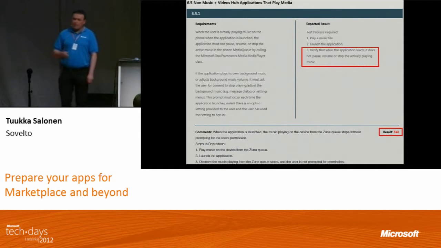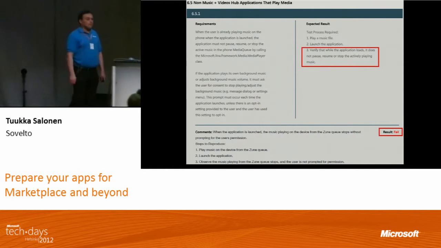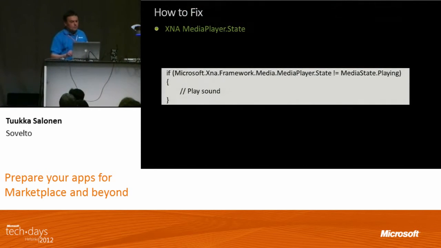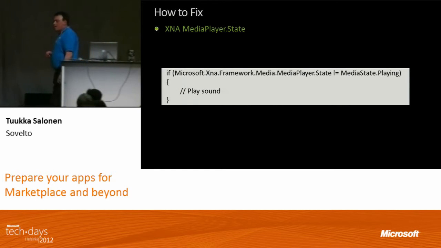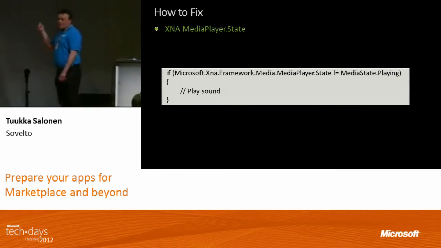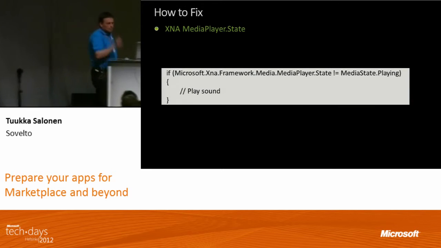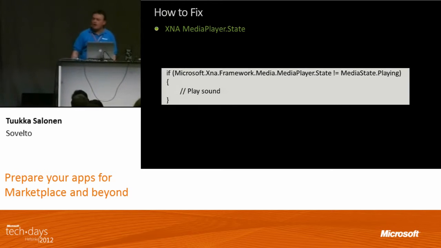If there's music playing back in the background, that's what the user wants. You may not do anything to that. And if you know it, it's that easy. That's the fix. With XNA, it's just, is there something in the background? What is the media state playing? It's just one line. But this might be the reason why it's failing.